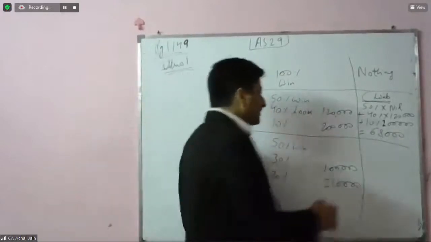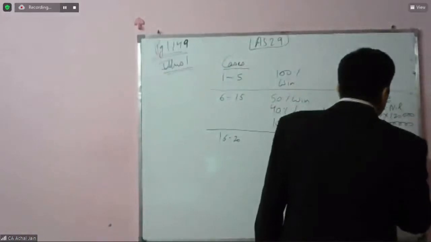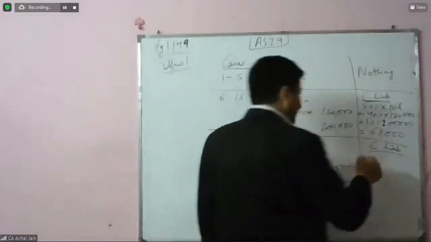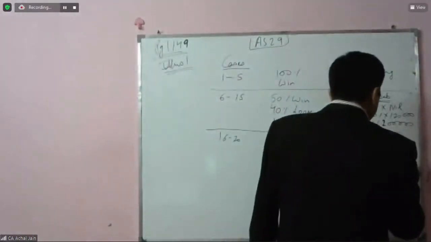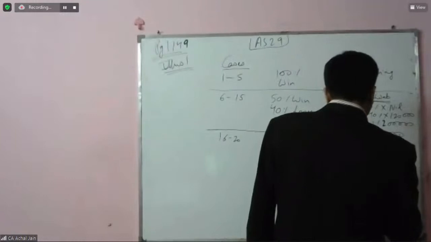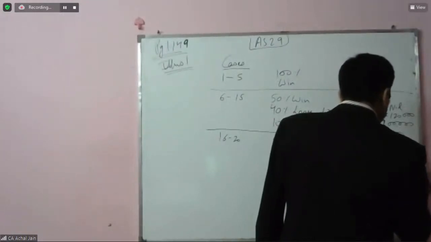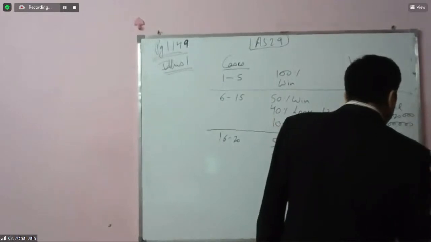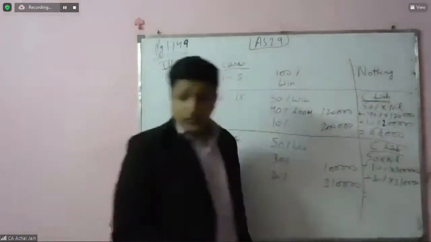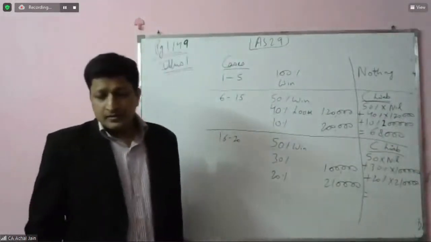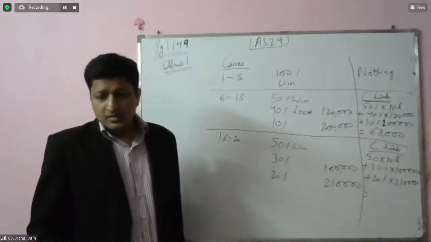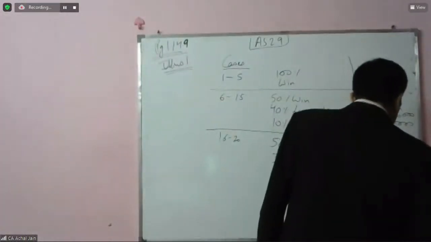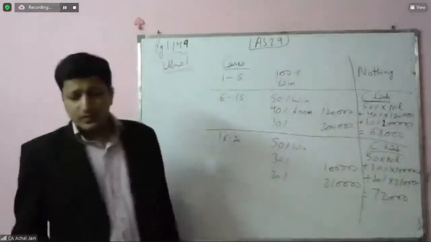So there again we get contingent liability, and there again we will compute the amount of contingent liability with a similar basis. 50% into nil plus 30% into 1 lakh plus 20% into 2,10,000. So what do we get? We get 72,000. Okay.